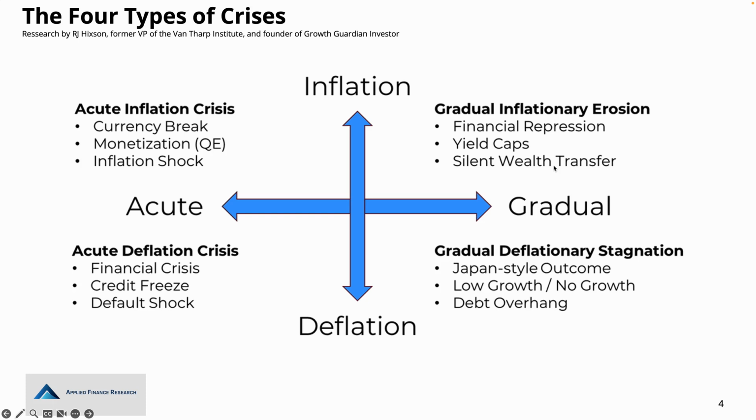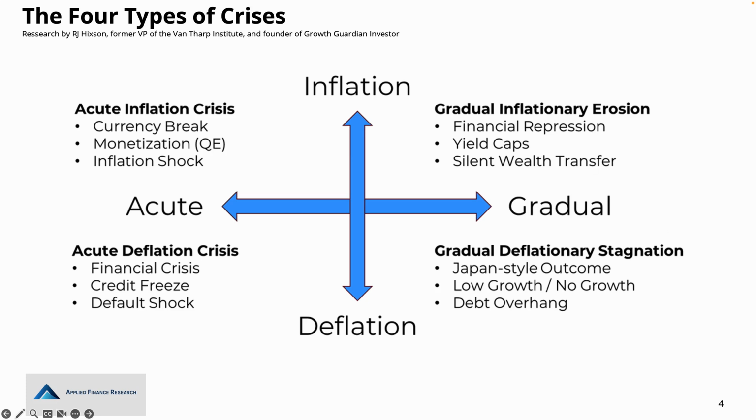The S&P during this period returned a compound annual growth rate of about 1.5% per year for those 15 years. But when adjusted for inflation, the S&P lost about 40% of its purchasing power. So that's an excellent example of gradual inflationary erosion.